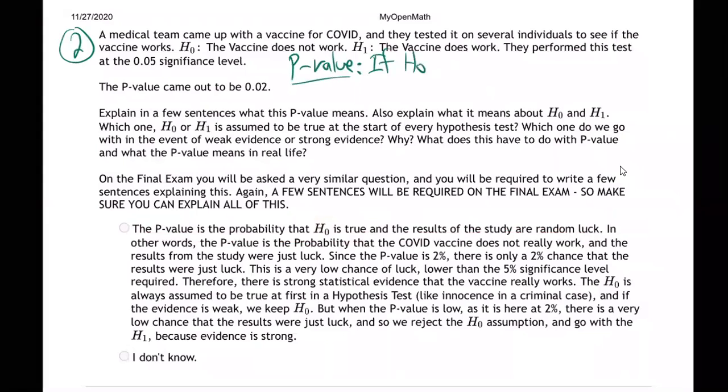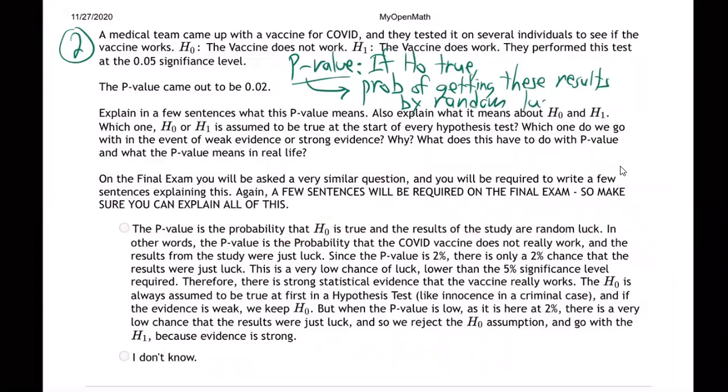If the H0 is true, it's the probability, P stands for probability, of getting these results by random luck. That's what the p-value is.